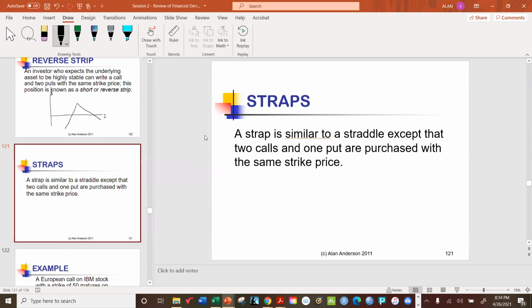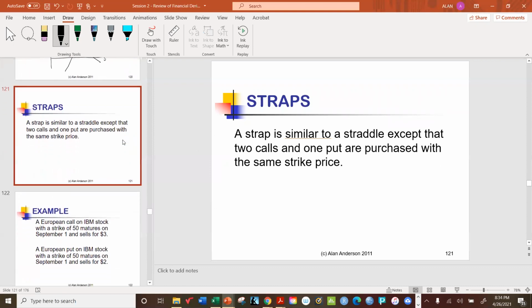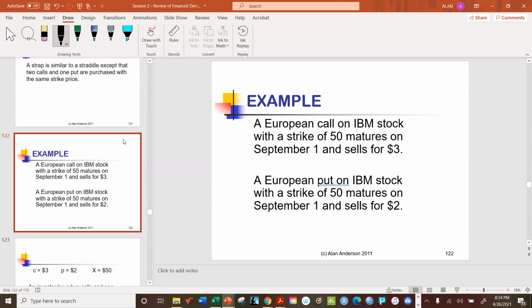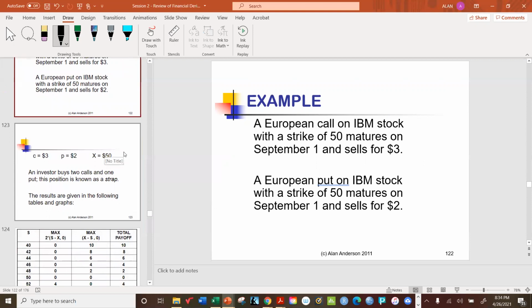So we're buying the 2 calls and 1 put. And so the graph will not be like a perfect V like the straddle. It'll be twice as steep on one side, but instead of being twice as steep on the downside, it'll be twice as steep on the upside. Well, let's take a look at it.